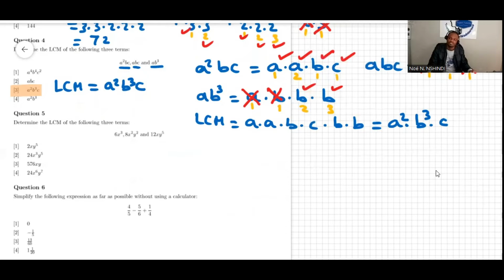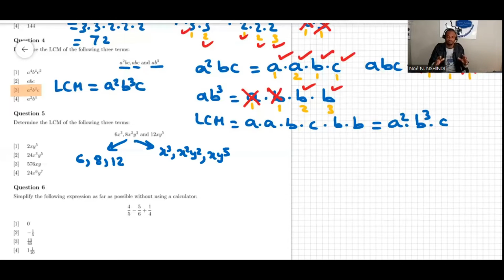One way of solving this is to group all the numbers, the digits, the constants, so we can find the LCM of 6, 8, and 12, and we can also find the LCM of x cubed, x squared y squared, and xy to the power 5.